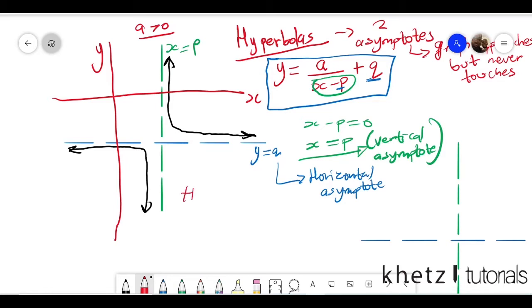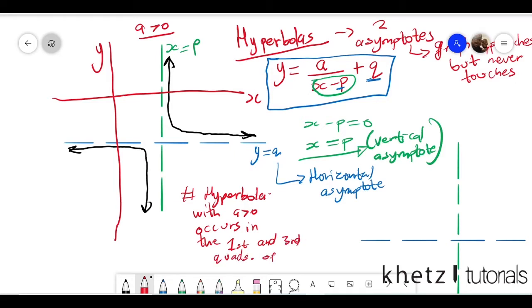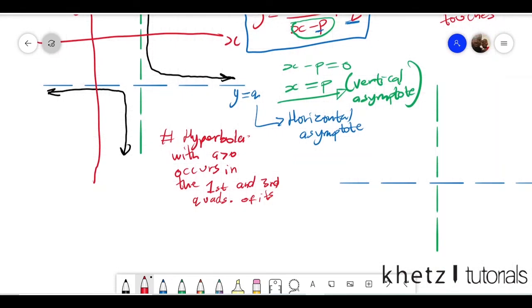So let's just make a note over here. A hyperbola with a greater than 0 occurs in the first and third quadrant of its, and this is the key term over here, of its asymptotes.